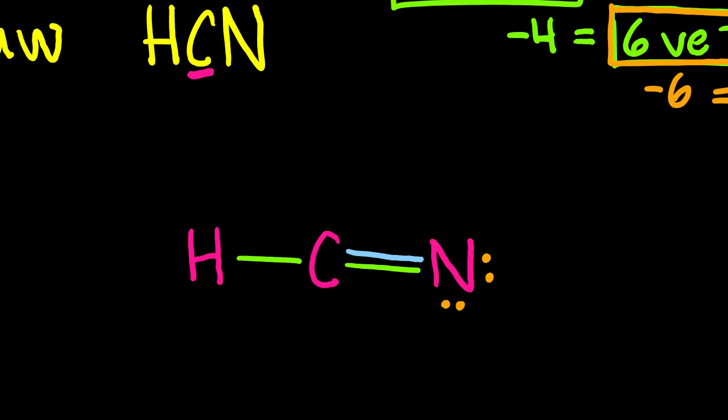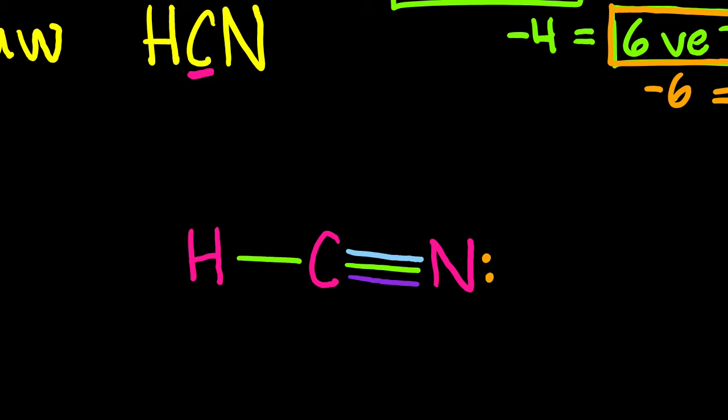Nitrogen now still retains its 8 valence electrons, but carbon went from 4 to 6, which is unfortunately still not enough. Nitrogen looks at carbon again and thinks, okay, I will share one more pair with you, and let's see if that works. When nitrogen shares one more pair with the carbon, carbon finally has 8 valence electrons. Nitrogen has retained 8, it's just sharing 3 pairs of valence electrons.